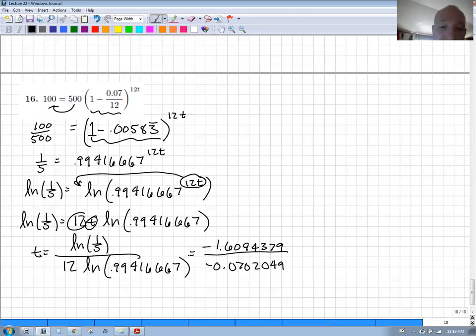All right, and actually when I do this, I should be doing my approximately equal here on all of these because I am approximating. All right, so at this point, I'll type these in. 1.6094379 divided by 0.070249. I get a 22.925.